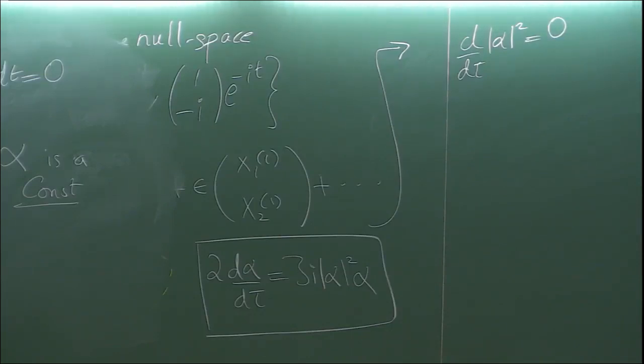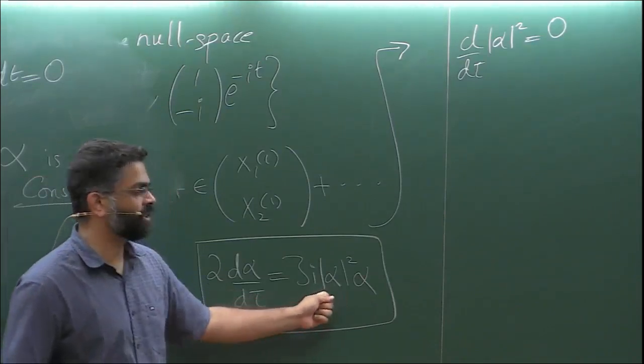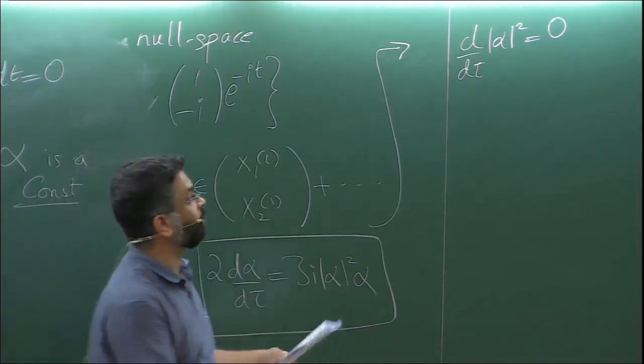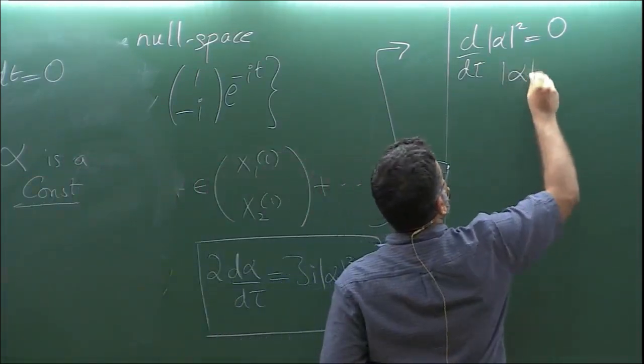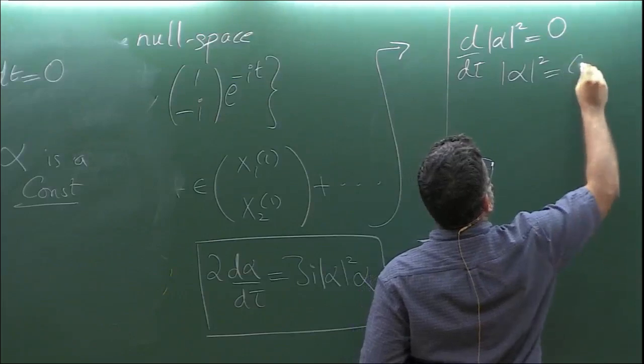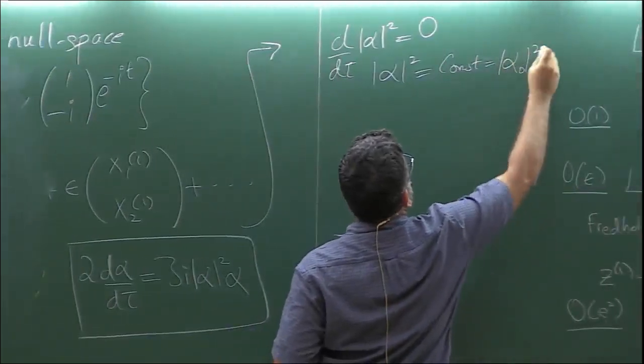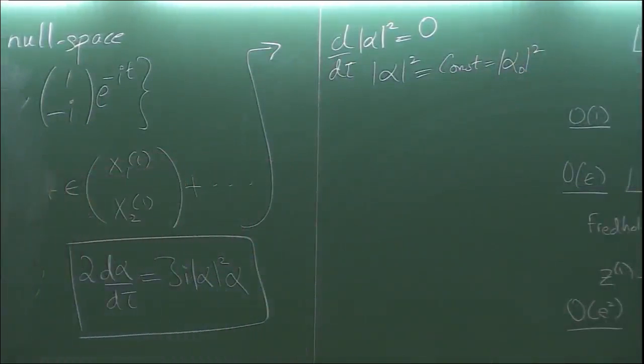There are some confused looks. Is everyone okay with this? This fact allows me to actually replace this by the constant, the initial condition. So then this says absolute value alpha squared is a constant. Let's say alpha naught. And then I can immediately integrate this equation, because then this is a linear equation.